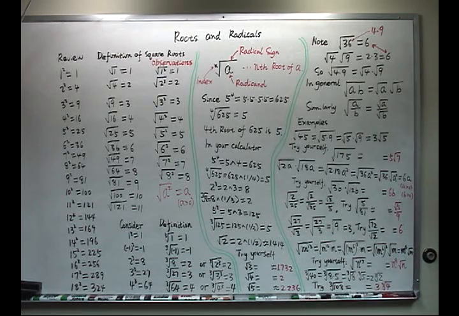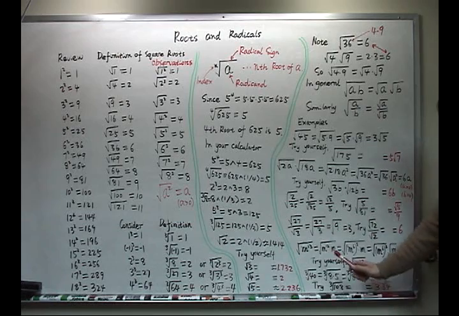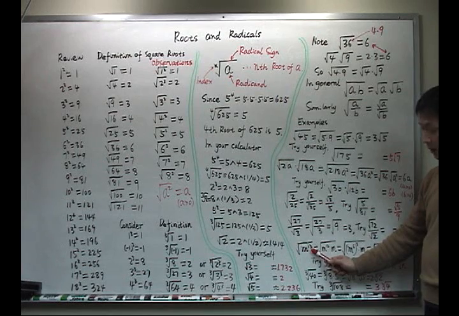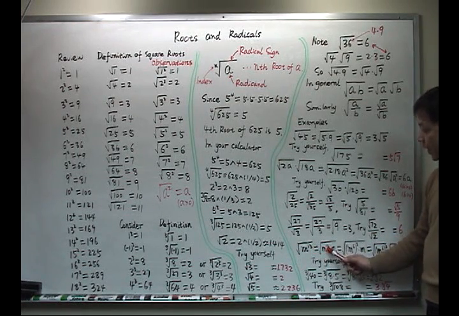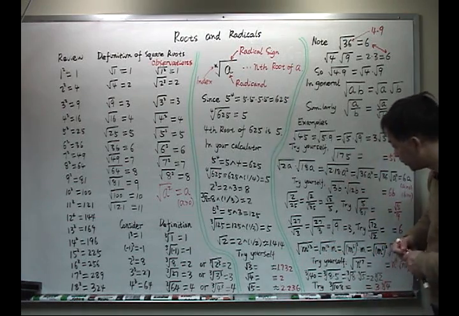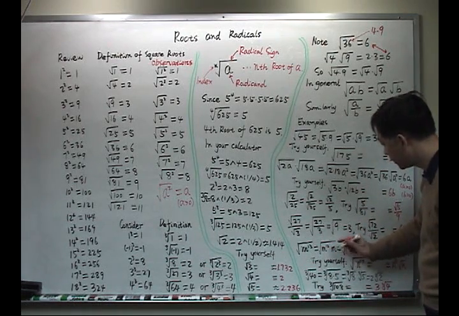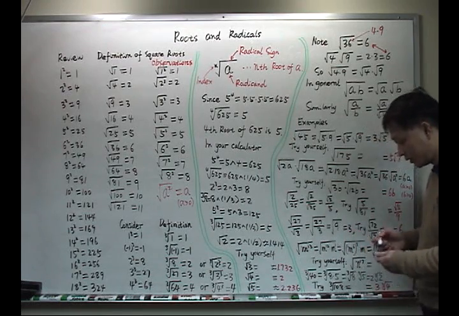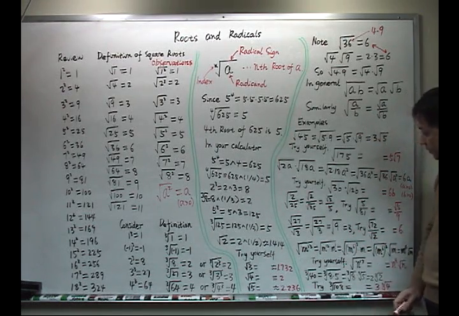Now, let's look at the last two, a little bit complicated examples. Radical m to the 13th. 13 can be written as 12 plus 1. You can put 1 here if you want. So m to the first.